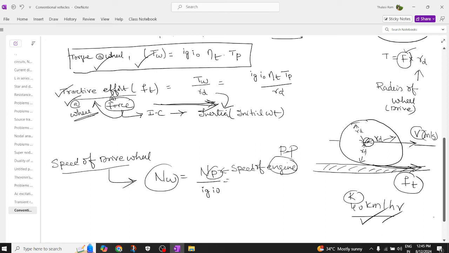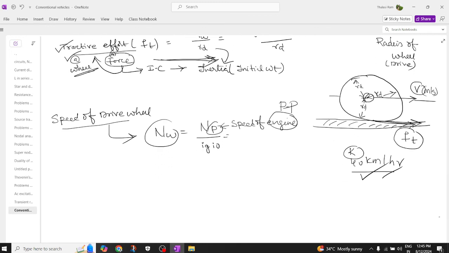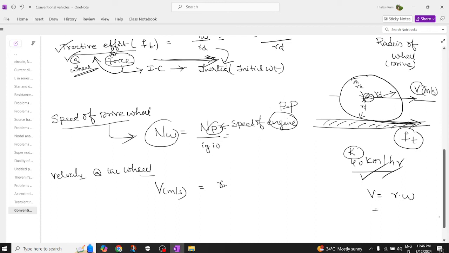And now we need to calculate the velocity exhibited by the wheel. So we are going to calculate the velocity at the wheels. What is the amount of velocity developed at the wheel? V is equal to, in terms of meters per second, we need to derive. Velocity can be written as r into omega, where omega is the angular velocity.